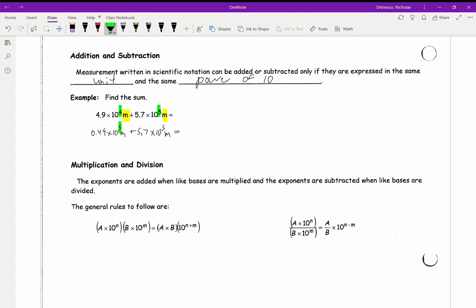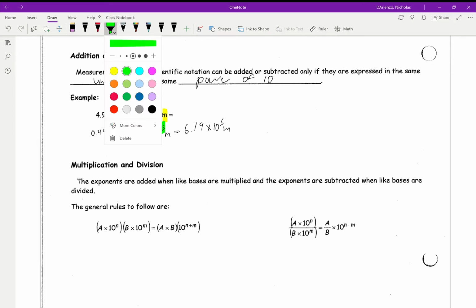So now we can see that our exponents are the same. We still have our meters. We can simply add these together, and we get 6.19 times 10 to the 5th meters.